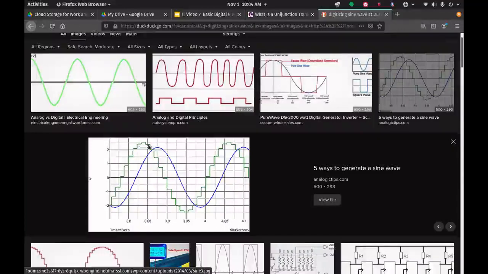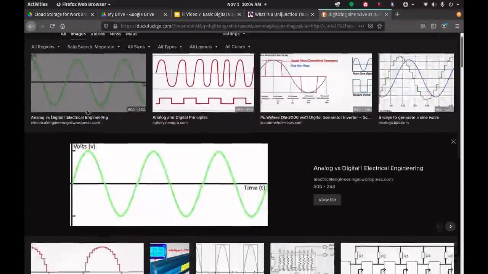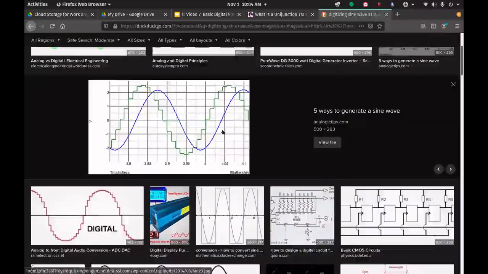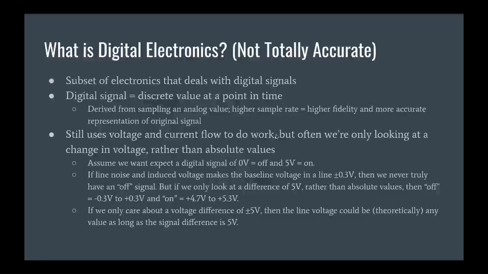You can see how the green line has the same shape as the sine wave, but it's not as defined as the sine wave. If you look at this other picture, you can see that there's a higher sampling rate, and so it better shows the sine wave pattern versus this kind of blocky step pattern that you see here. That's what digitizing basically means.